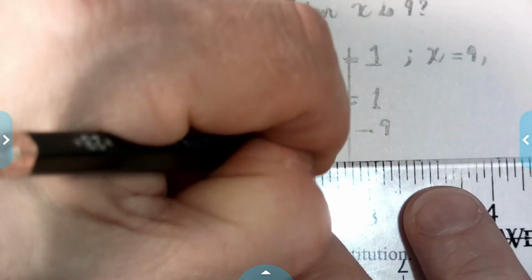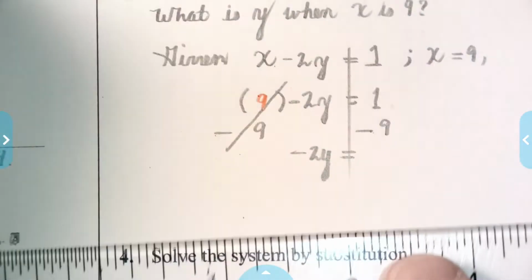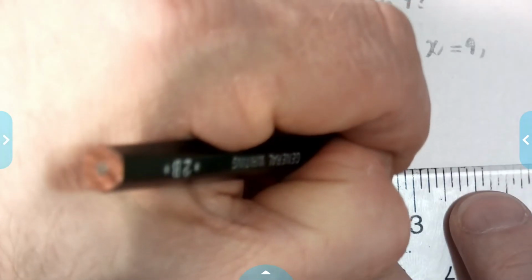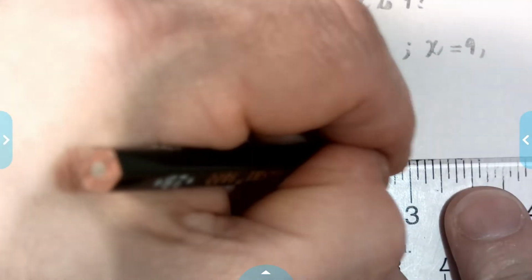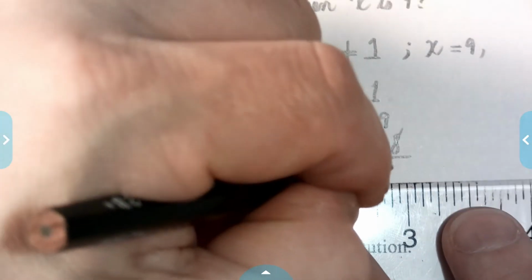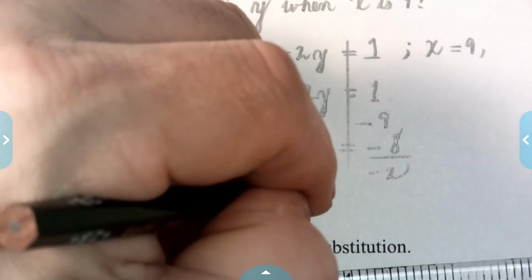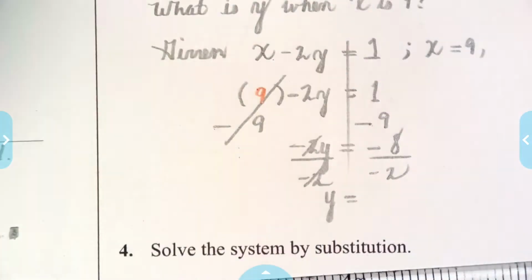And so now I have negative 2y equals 1 minus 9, which is negative 8. Now we're going to divide both sides of the equation by negative 2. Cancel, cancel. Y is by itself, and y equals negative 8 divided by negative 2, which is positive 4.